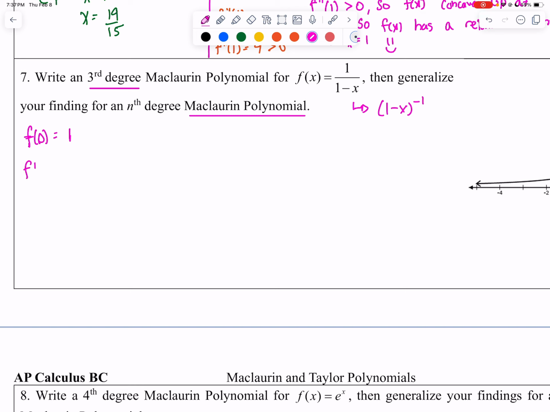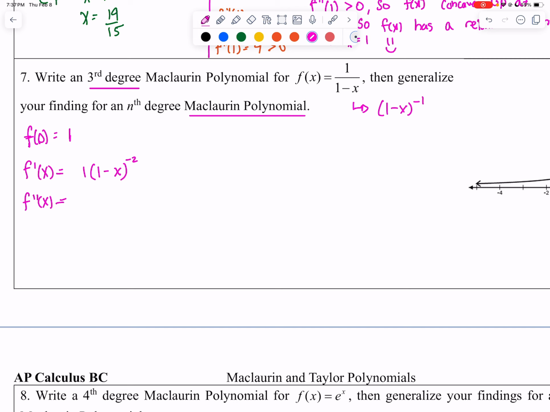So my first derivative is going to be negative 1 minus x. But then watch out, we haven't really done this yet, but we have to use chain. In this case, we have a negative 1 as my derivative inside, so make sure that you have that negative 1, which eventually becomes positive 1 right here. That's my first derivative.